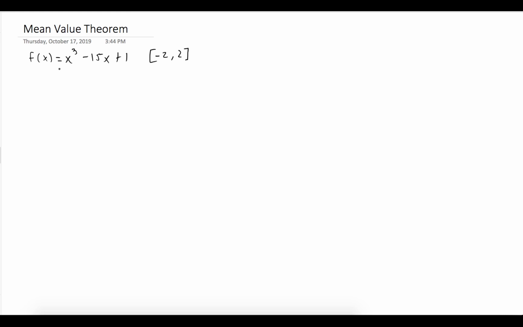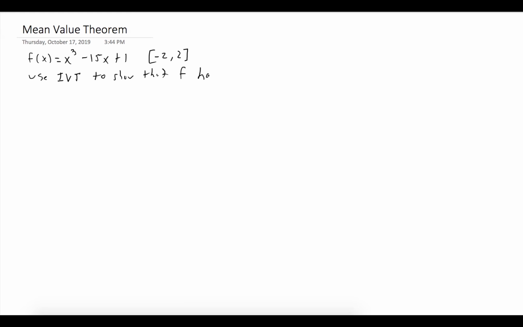And the way we're going to show that this function has exactly one root is that we'll show it has at least one root using the intermediate value theorem. So we'll use IVT to show that f has at least one root.